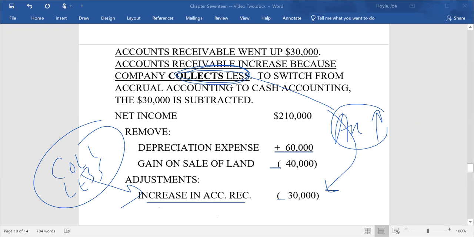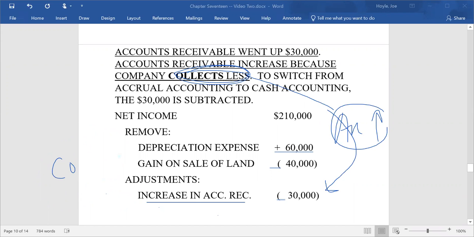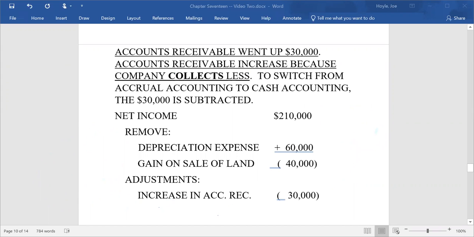That's what you'll see if you look up a statement of cash flow on the internet from some company you might be interested in, because that's how the indirect method works. We have first, as you can see, removed the depreciation expense, and then we removed the gain, and then, because we're moving from accrual accounting to cash accounting, we adjusted the increase in accounts receivable.